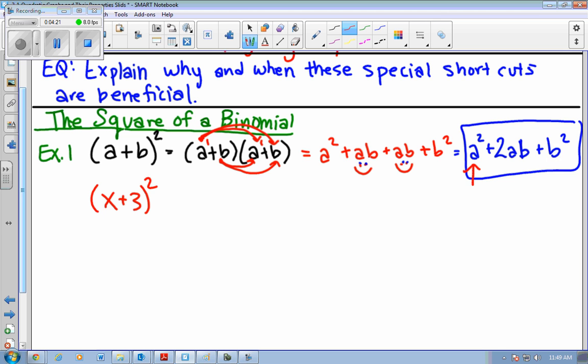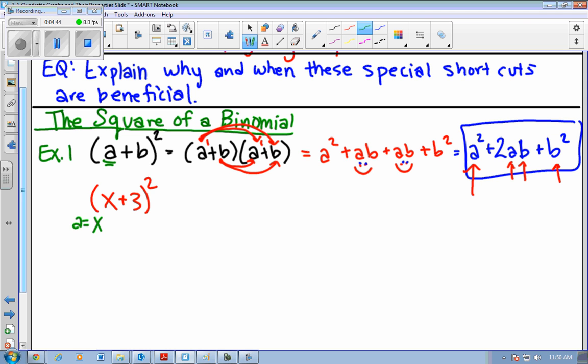You take the first guy squared, plus 2 times 1 of each of them, plus the second guy squared. So you have to decide who's the first guy, who's the second guy. What's in the a position for the first guy? What's in the a position? x. Any questions how we came up with x?